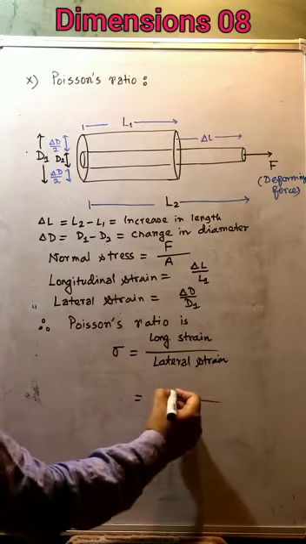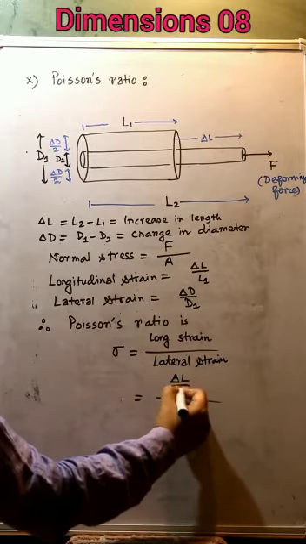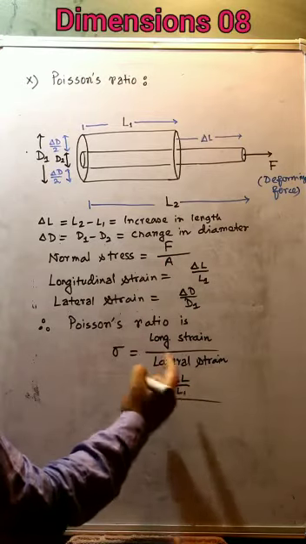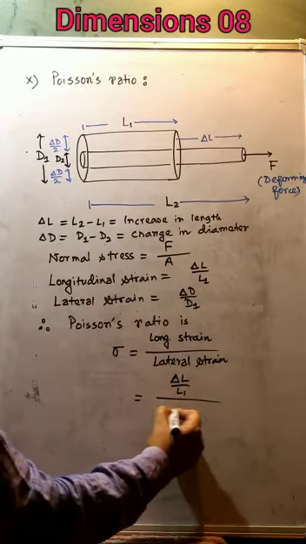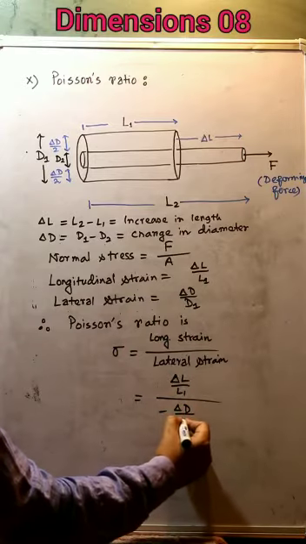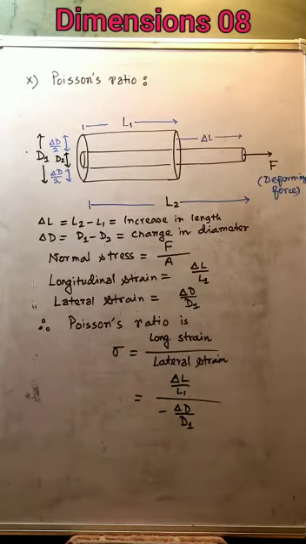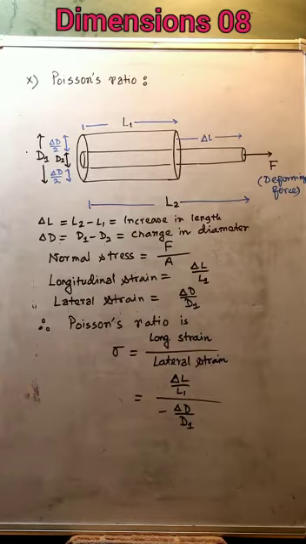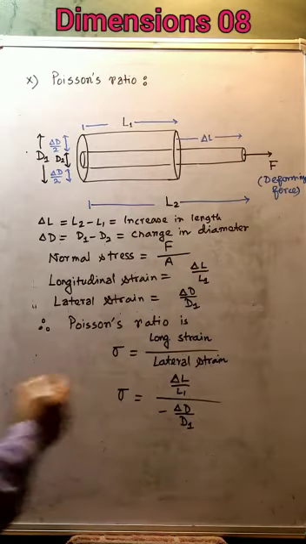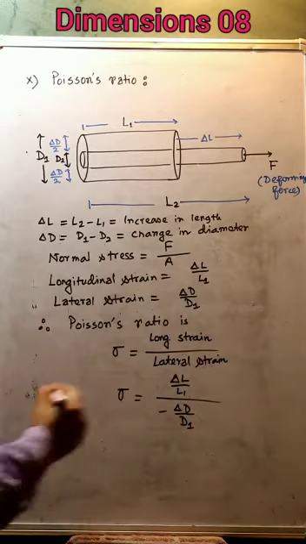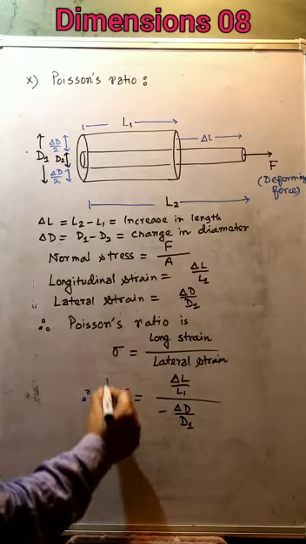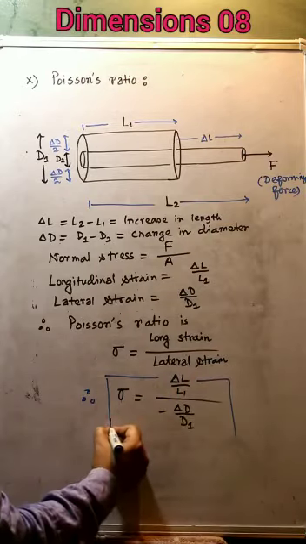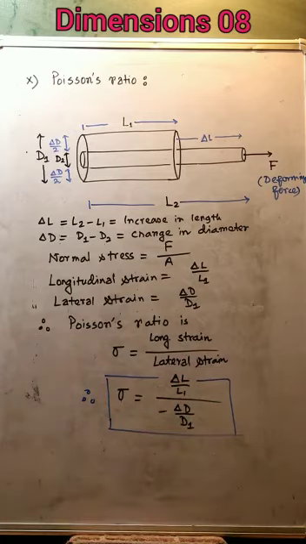Longitudinal strain is delta L by L1. Lateral strain is negative with respect to longitudinal strain, that's why it should be minus delta D by D1. The negative sign indicates that if there is an increase in length, there should be a decrease in diameter. So this is the expression of Poisson's ratio. Therefore, sigma is delta L by L1 divided by minus delta D by D1.